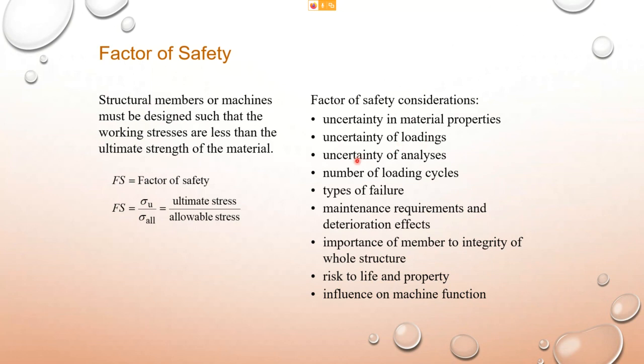Then uncertainty of the analysis, number of loading cycles, types of failure that might occur, maintenance requirements and deterioration effects, importance of member to integrity of the whole structure, risk to life and property, risk to our life, and influence on machine functions. So these are the various points that we have to consider in order to look into what is a proper value of factor of safety.